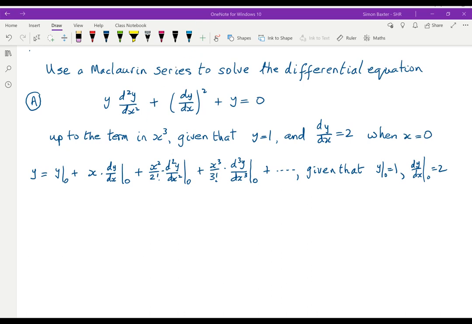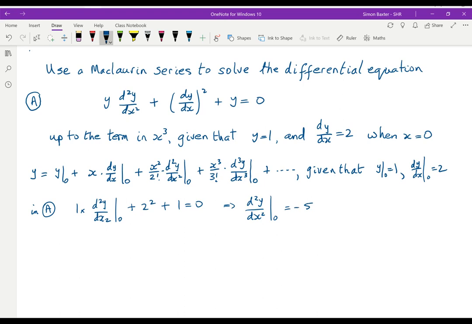So if we put that information into A, y is 1, d2y by dx squared when x is 0, plus dy by dx, that's 2 squared, plus y is 1, and that gives us that d2y by dx squared when x is 0 is minus 5.